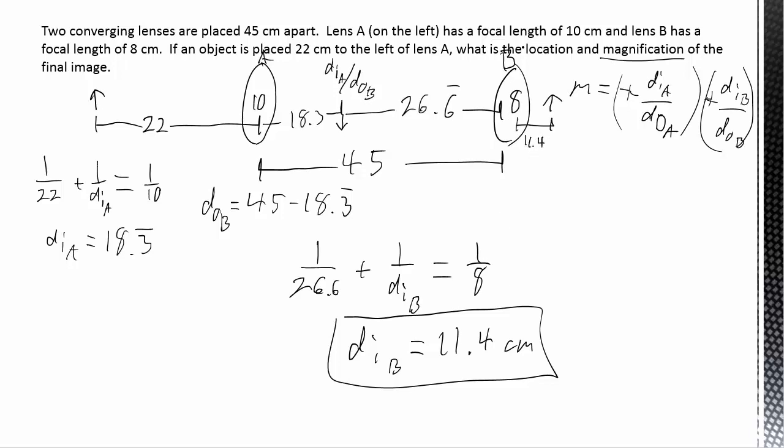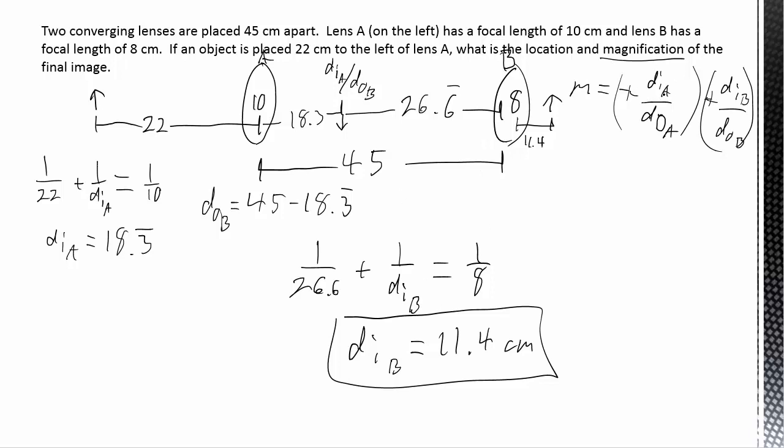Sometimes the questions might ask you specifically how far the final image is from the first lens. In that case, your calculation is always going to give you the distance from the second lens, and then you're going to have to use this separation distance to adjust it back. So you just have to add 45 and 11.4, and you could report it either way.